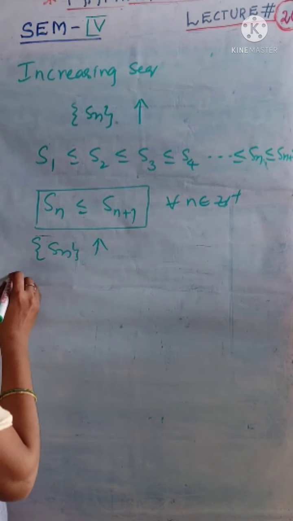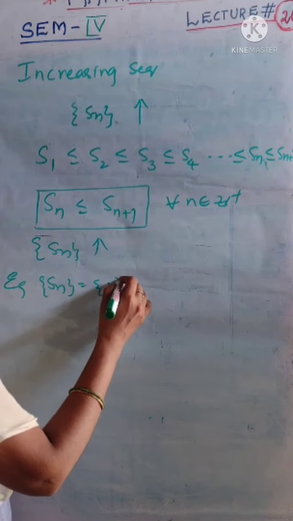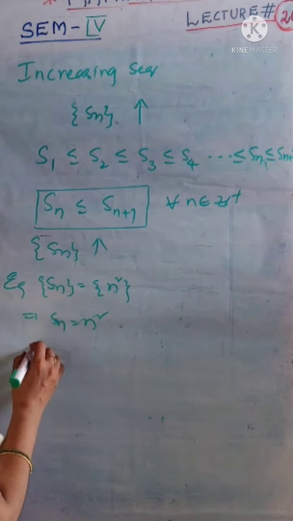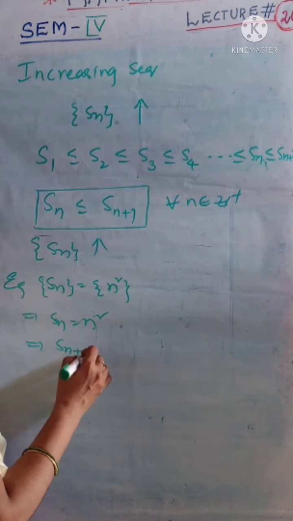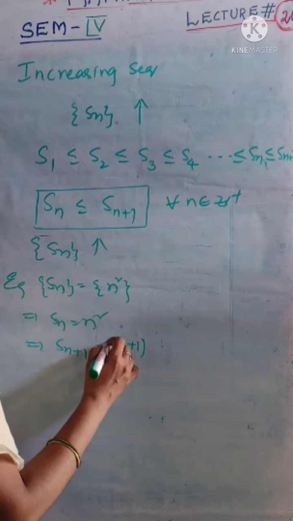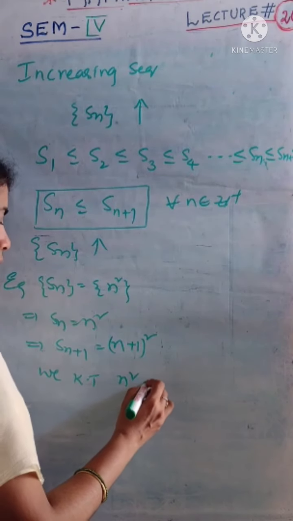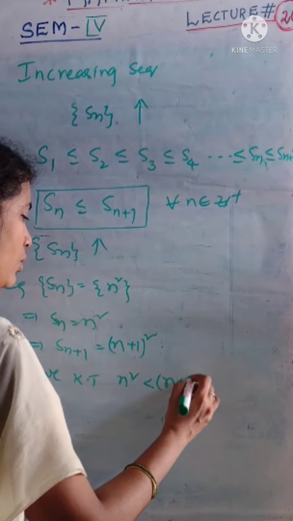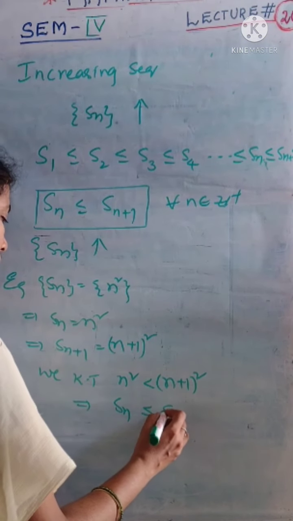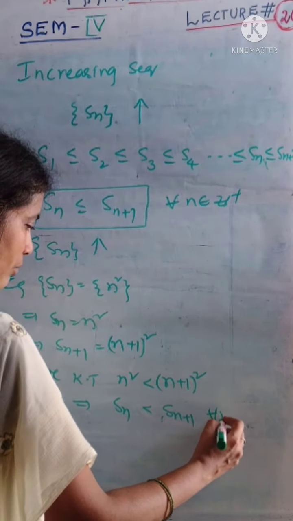For example, if you consider Sn as n square, then what is Sn here? n square. The next term of this sequence, by replacing n by n plus 1, is n plus 1 whole square. We know that n square is less than n plus 1 whole square, which means that the nth term of the sequence is less than Sn plus 1 for every n.